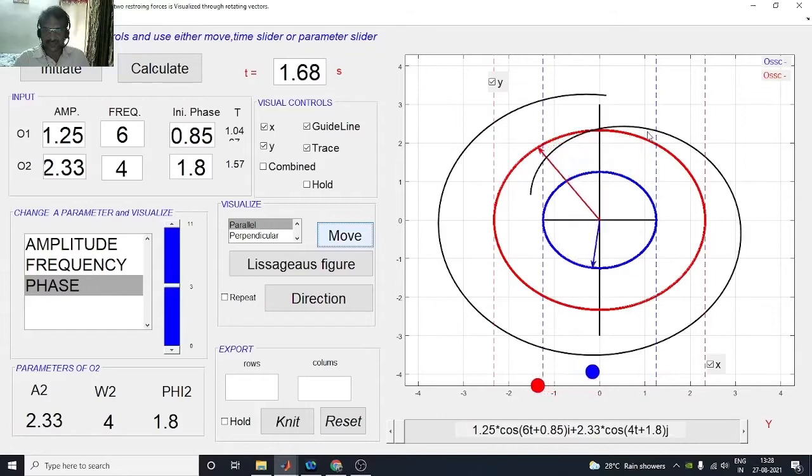And the trace, which is the combined one, is no more a circle. See, the phase difference is out of phase. Sometimes it will be in phase, sometimes it will be out of phase. So when the frequencies are different, the first thing that happens is the instantaneous phase difference is a function of time.